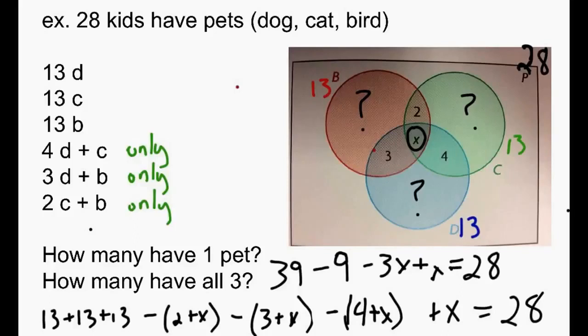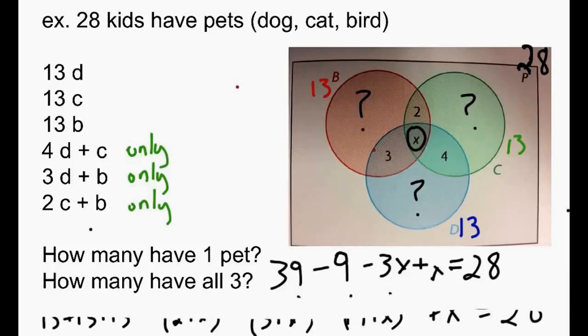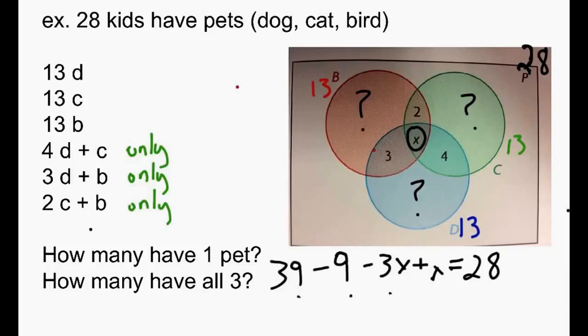Okay, so now let's simplify that a bit more. I'll get rid of this bottom line. So we put all that together, we get 30 minus 2x equals 28. And if we solve that, we can bring the 30 over. I'll write it over on the side here.